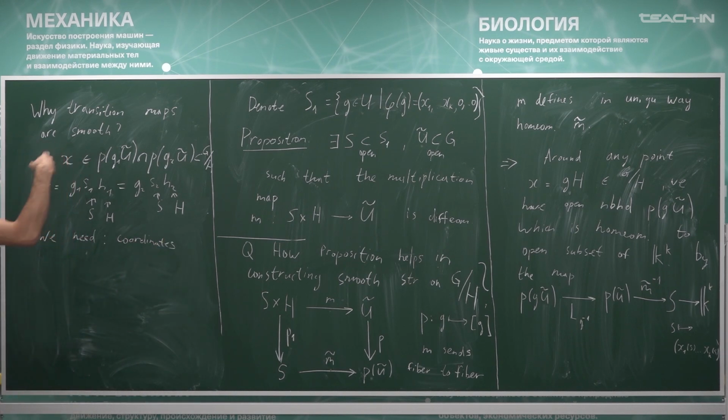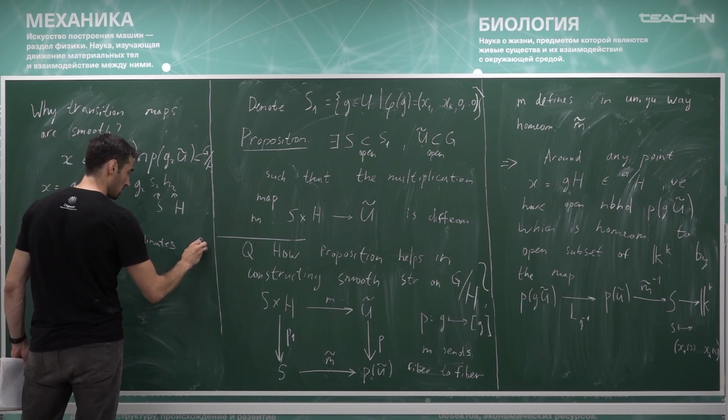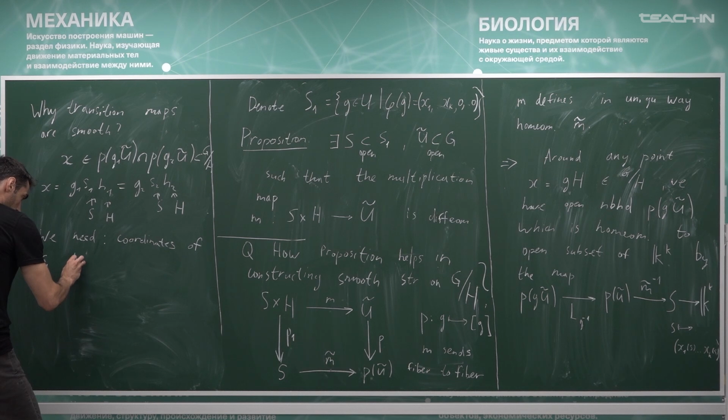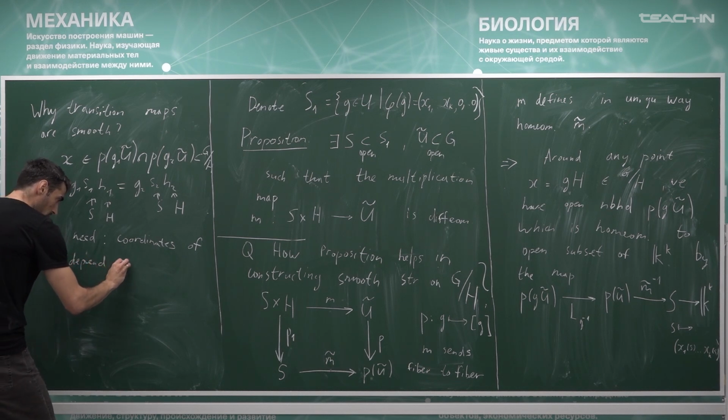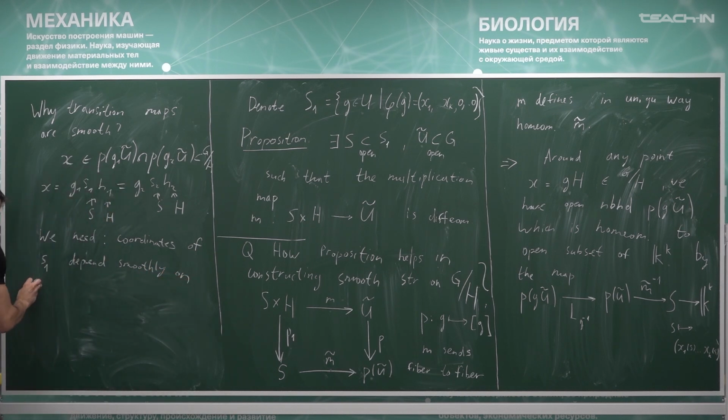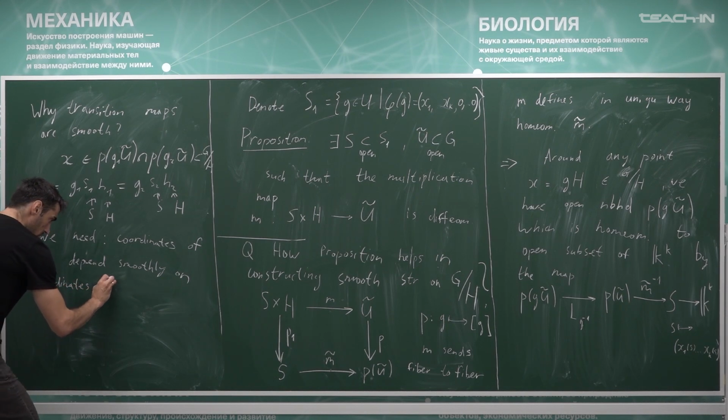So what does it mean that transition maps are smooth? We need coordinates of S1 to depend smoothly on coordinates of S2.